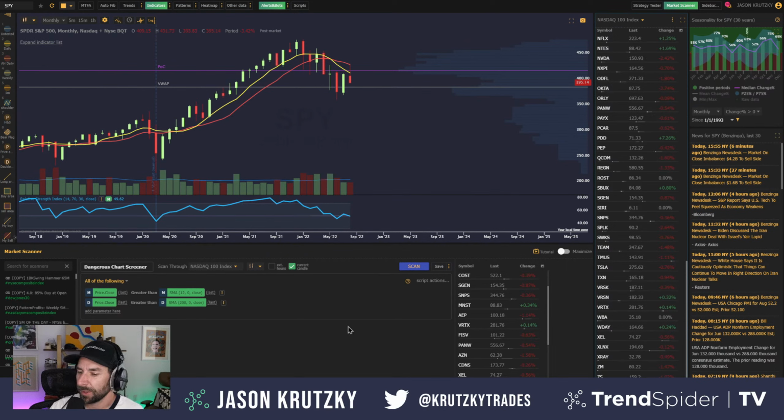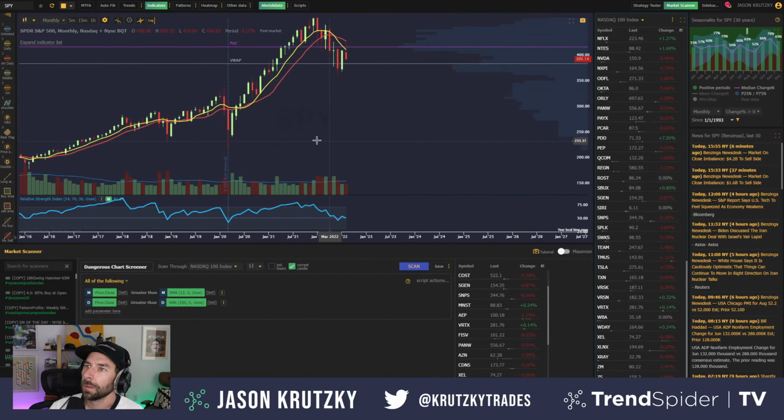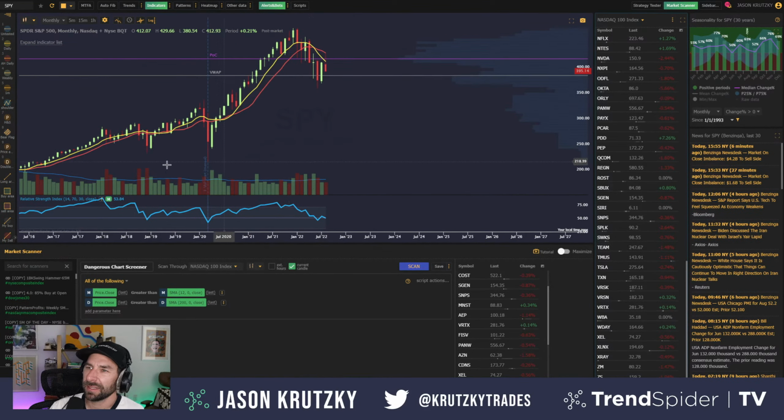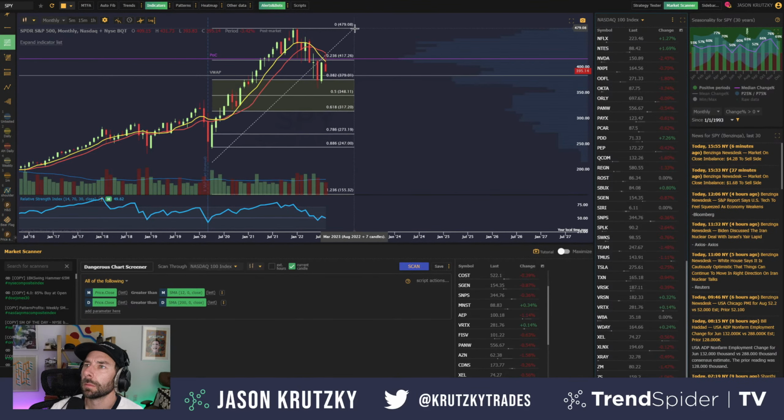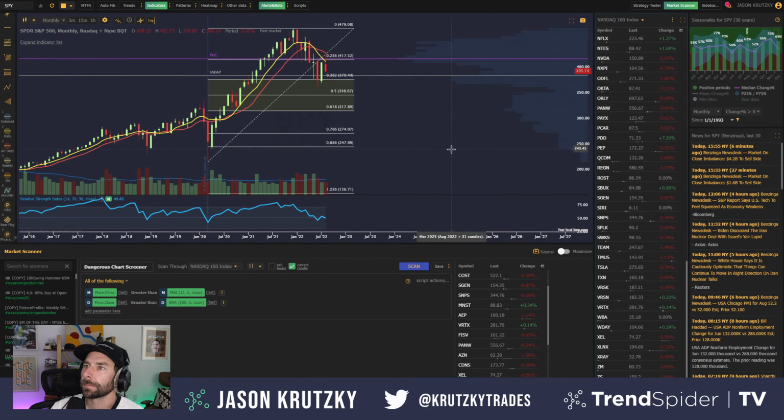SPY fib retracement on the monthly. So presumably, I would guess that you're measuring from COVID low. I don't know exactly where you're measuring from.